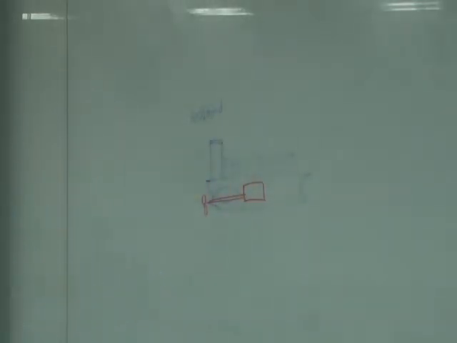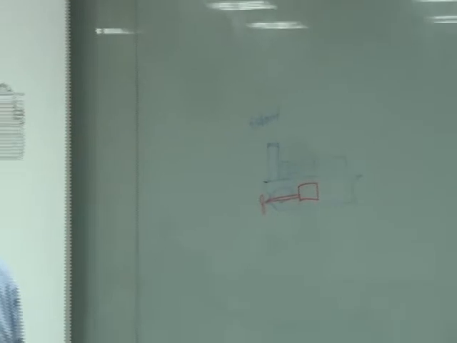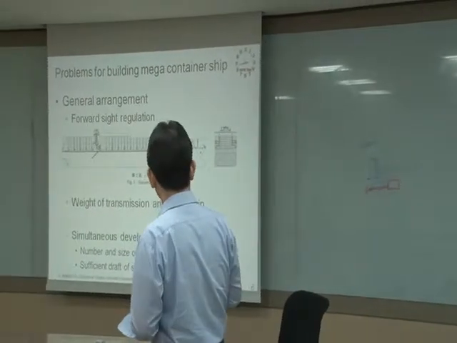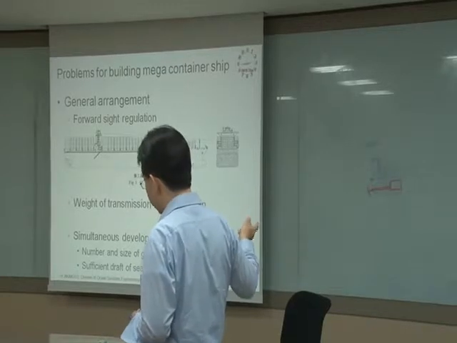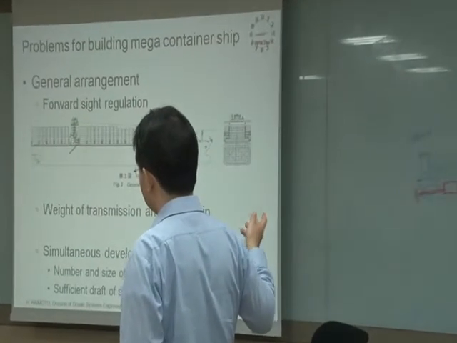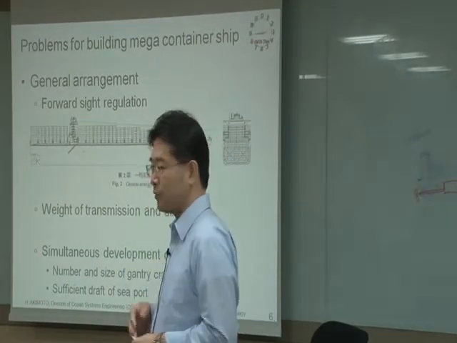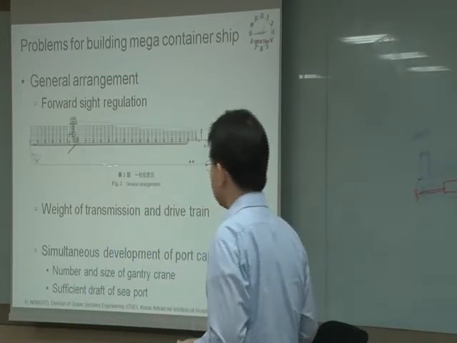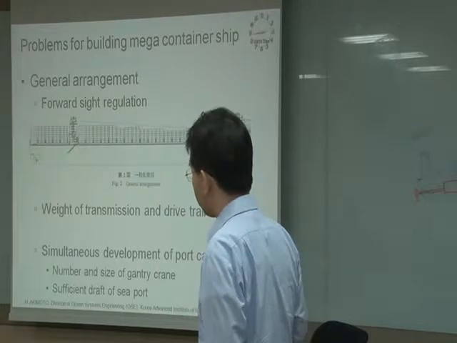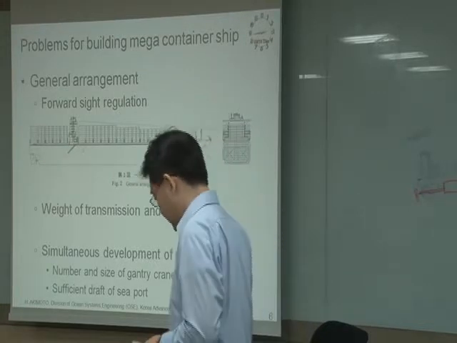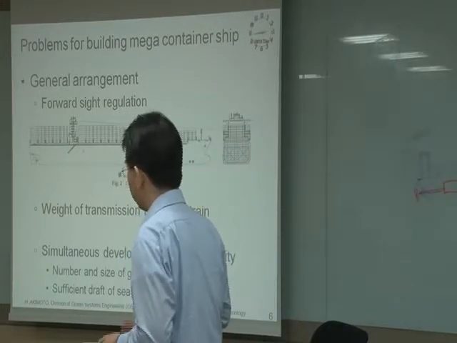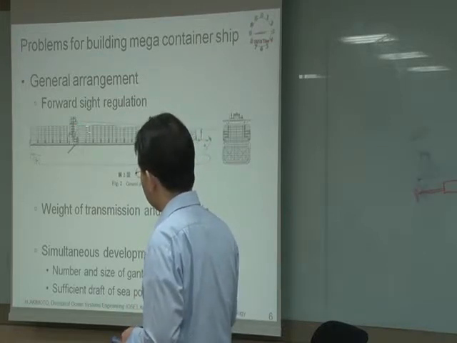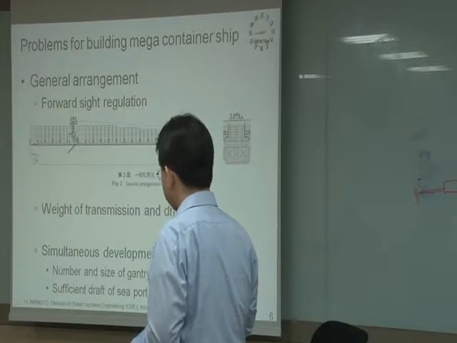It has to bear the torque of the engine, so it is very heavy and it is not easy to manufacture. So there will be a compromise between weight and possible capacity of the cargoes.